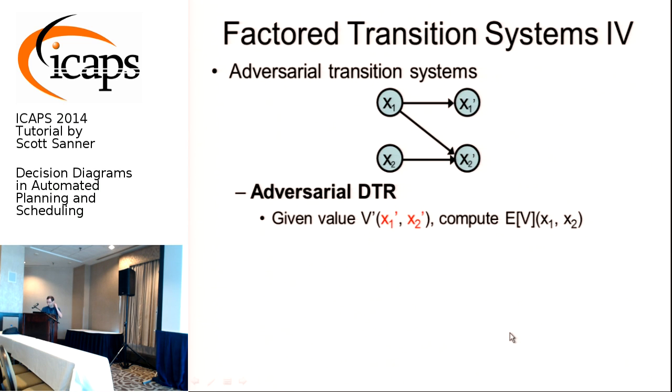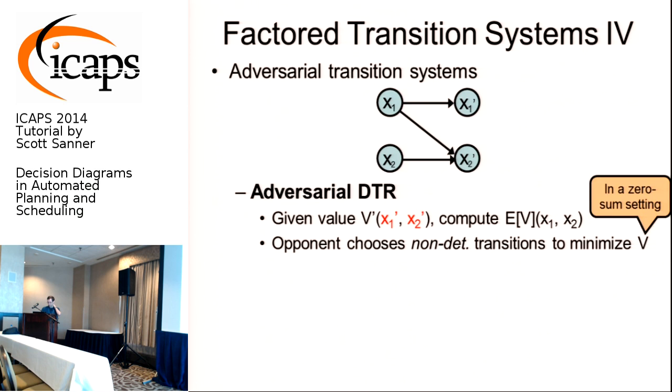Okay, and even if you're adversarial, right? So you might be non-deterministic, and there's an adversary that gets to choose the next state. Here you have an adversary that chooses a next state for you to minimize some cost, or to maximize some cost function, or to minimize some value, right?